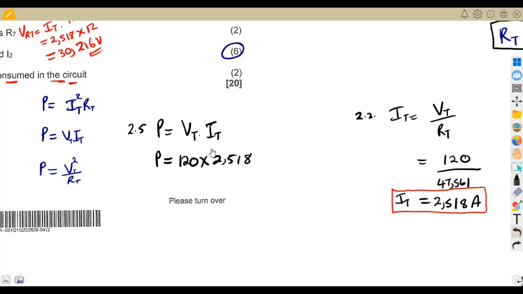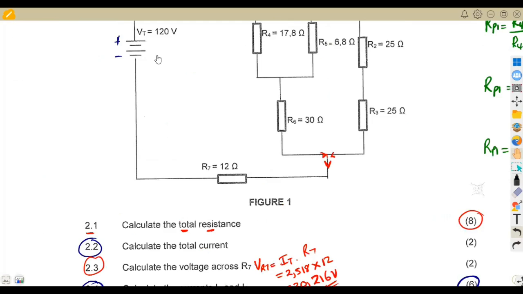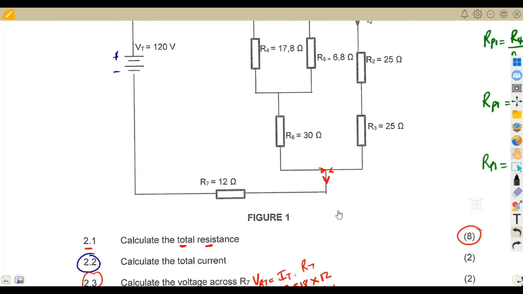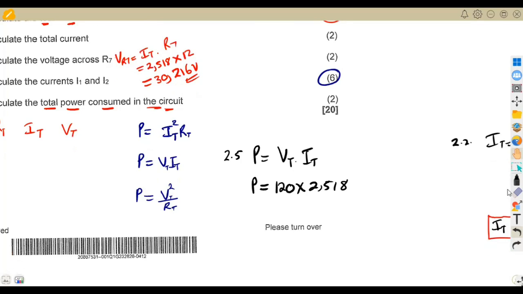Don't forget from your diagram, you're already given the total voltage of 120. So we can multiply these two. By multiplying these two, we are going to have the power of 302.16 watts.